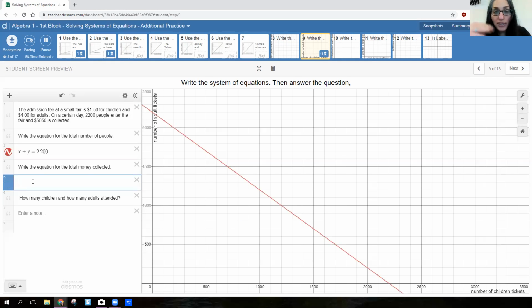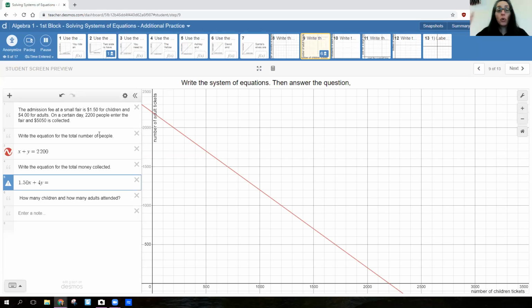Now the second equation has to deal with the money. So this is where you put the ticket price in for each type, whether it's a child or an adult. So children get in for $1.50, so you're going to put 1.50 times X plus, adults get in for $4, so 4 times Y equals, what's it going to equal?